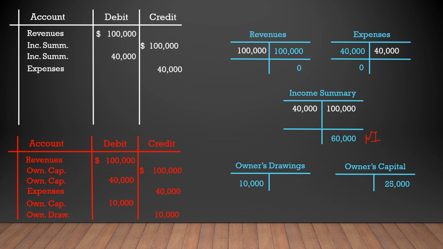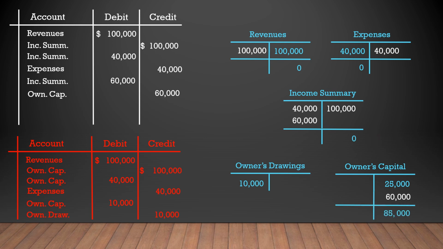This means that no revenue or expense account has been overlooked, so we can close Income Summary to owner's capital. Close out drawings just as we've done in every other example. Owner's capital will have an ending balance equal to the year-end balance on the statement of owner's equity.